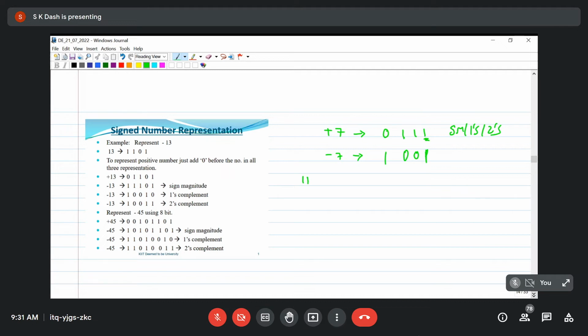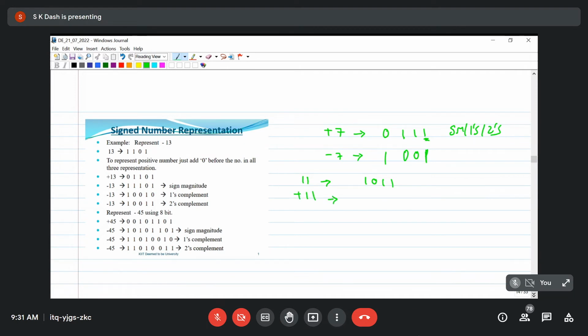Let us represent minus 11 using all three representations. First of all, I need to represent 11. 11 is 8, 4, 2, 1, so 1011.